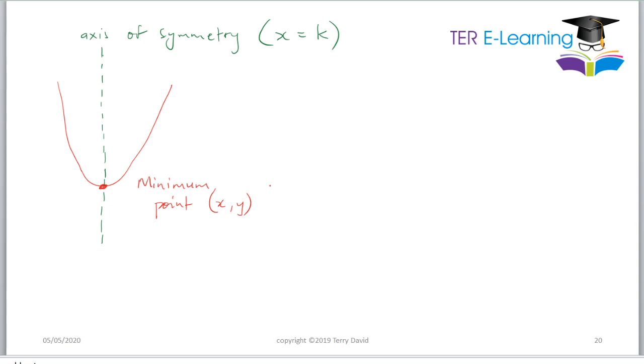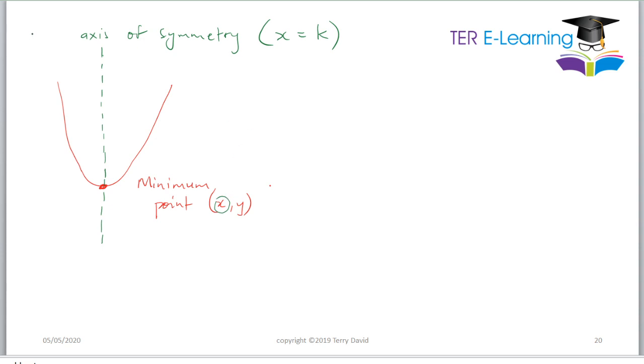So in the exam, when they ask you what the axis of symmetry is, you're going to say x equals something. My minimum point has an x value and a y value. I can read that off directly from the graph. And if you notice, my axis of symmetry is actually whatever my x coordinate is.